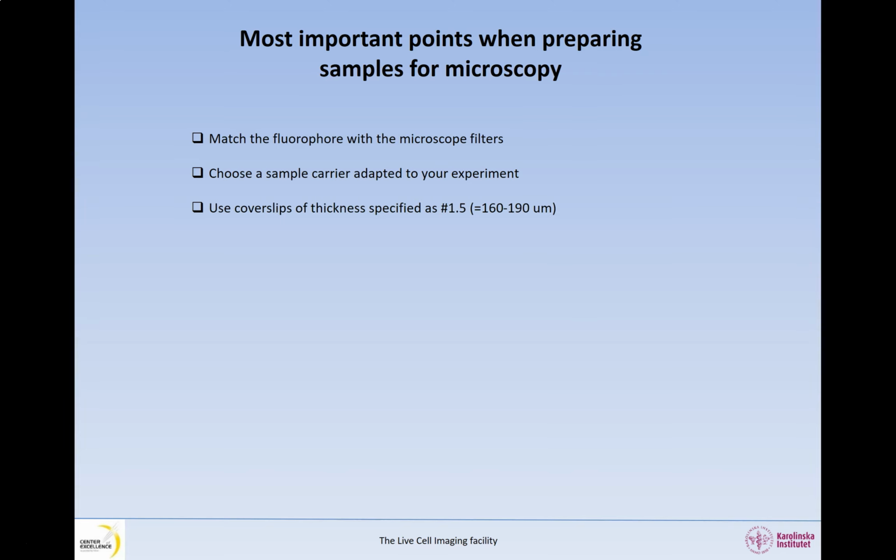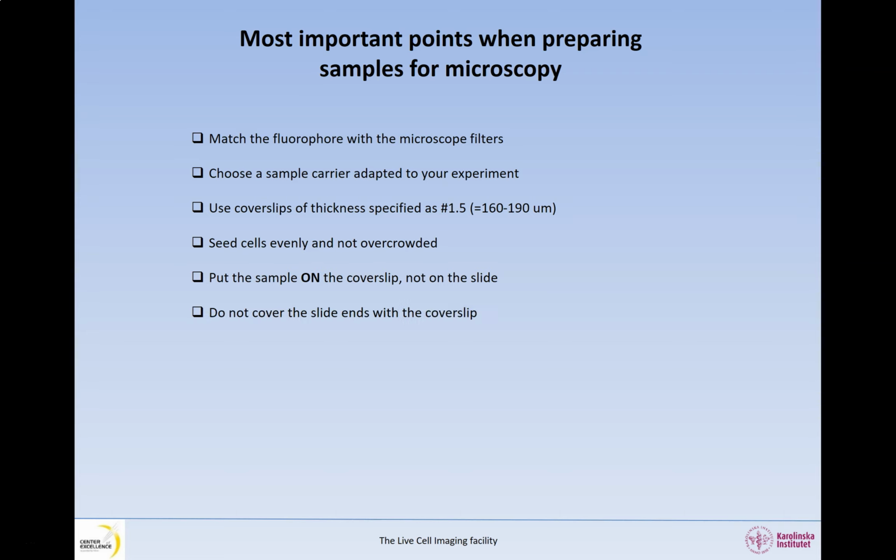Use coverslips of thickness specified as number 1.5, meaning a thickness range between 160 to 190 micrometers. Seed cells evenly and not overcrowded. Put the sample on the cover slip, not on the slide. Do not cover the slide's end with the cover slip.